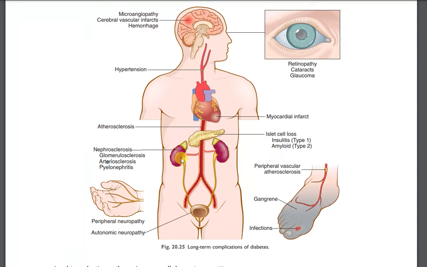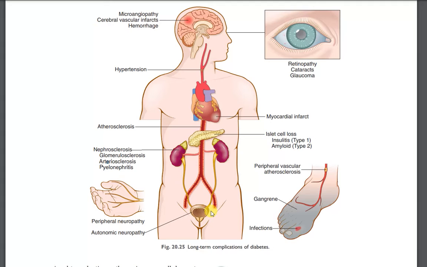It is a good source for bacterial settlement. So bacteria can easily settle in the urine, and it leads to cystitis, and secondarily to pyelonephritis.